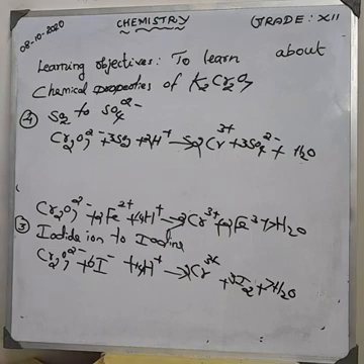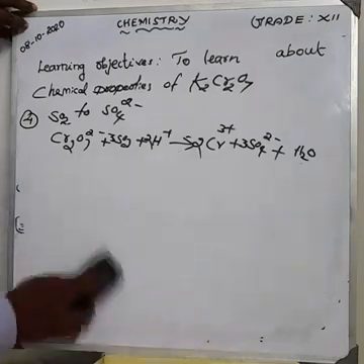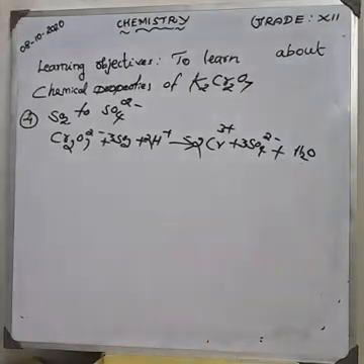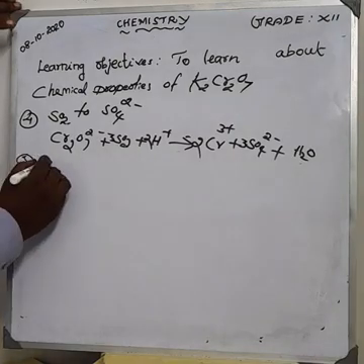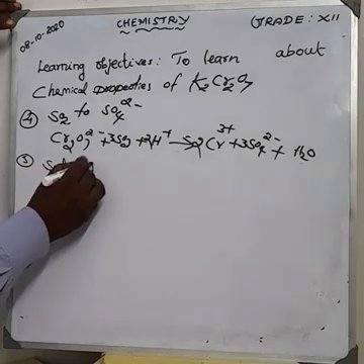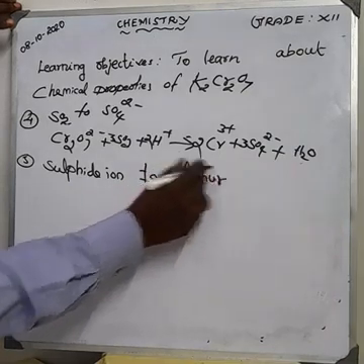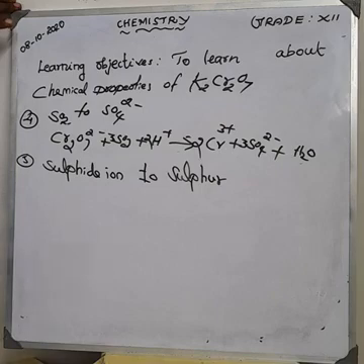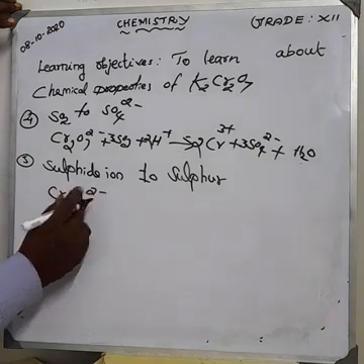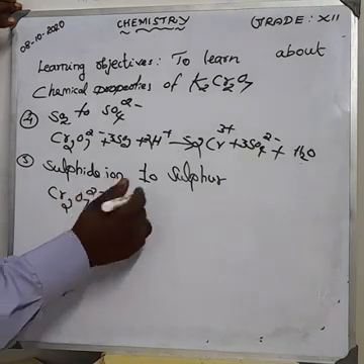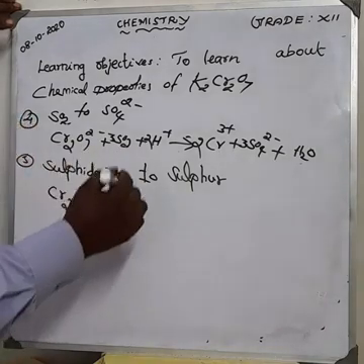It oxidizes sulfide ion to sulfur. We are taking sulfide ion and the dichromate, in the presence of H plus ions.